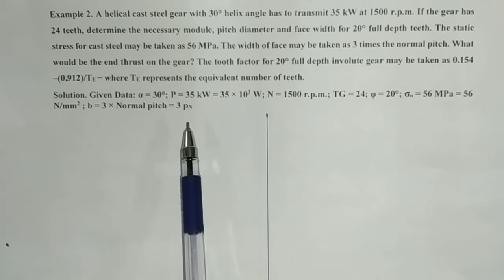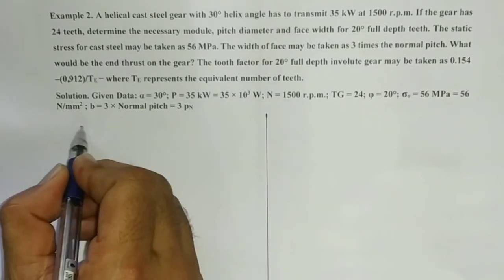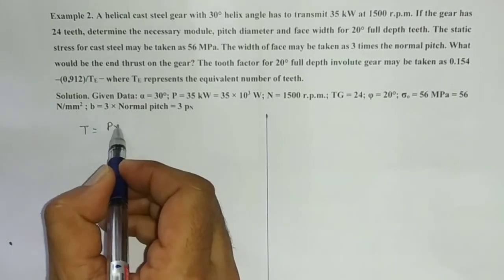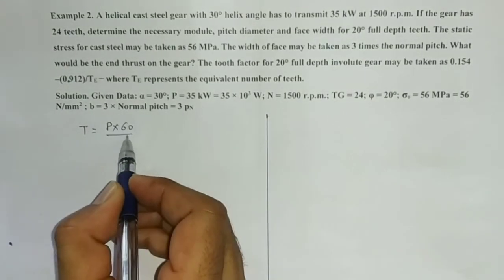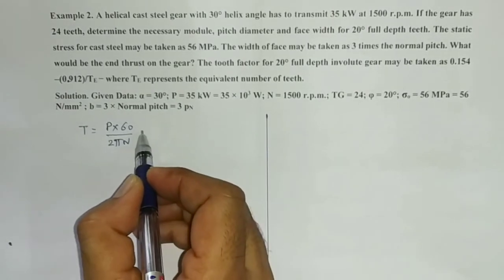First of all, here power is given, so we have to find the torque transmitted. As you know, the equation of torque is T is equal to P into 60 divided by 2 pi n.